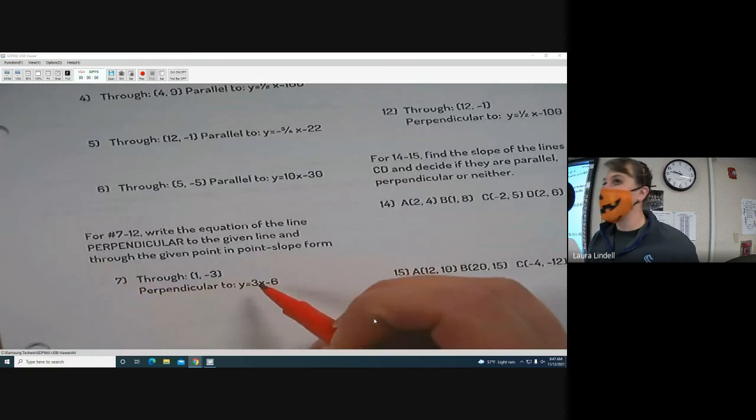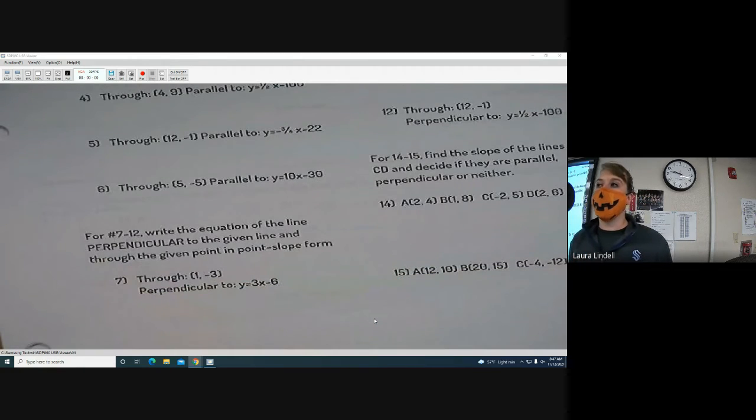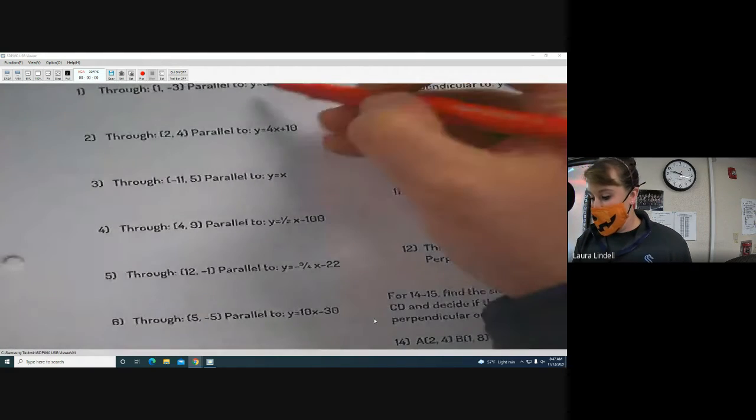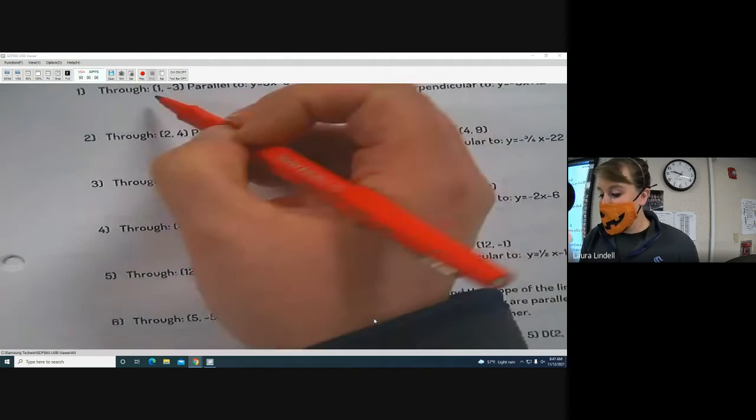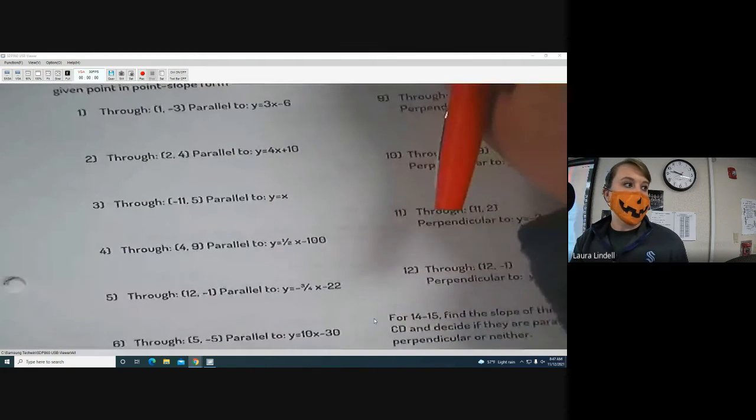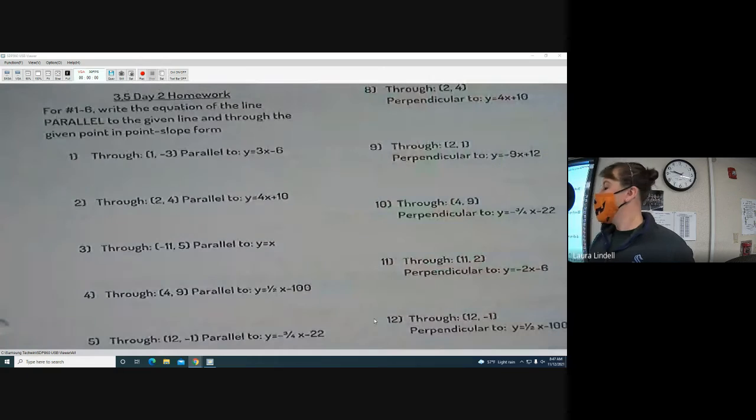So on 7 through 12, you have to flip the fraction and change the sign on the slopes. What I would do real quick is go through and circle all of the slopes, just so that you know what you're working with, and label all your points as your x1, y1, and so on. That'll at least make it so that we remember what the slope is and where it's located.